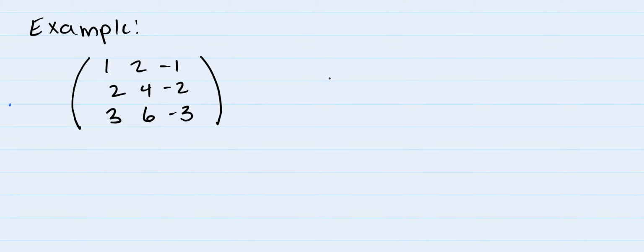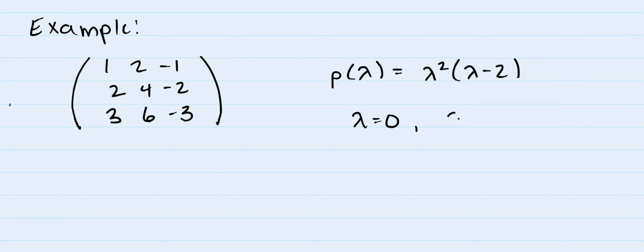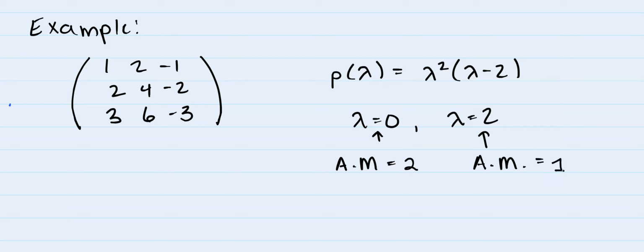And we said that the characteristic polynomial for this matrix was lambda squared times lambda minus 2, so we had that lambda is equal to 0 and lambda is equal to 2. Here the algebraic multiplicity is 2, and for this eigenvalue, the algebraic multiplicity is 1. Again, you can look back over the video if you need to recall all of this, or look back in your notes.